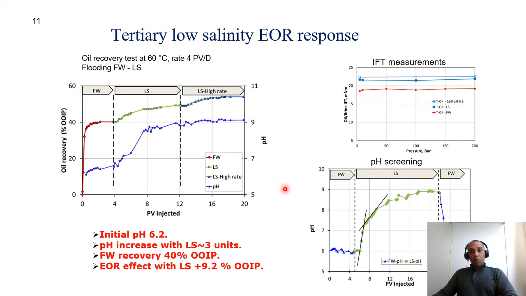In addition, we also ran some experiments in the absence of oil, so we could see the total interaction between the brine and the rock. We also observed a larger pH increase. This is due to the fact that in this case, we don't have the buffer effects of the crude oil present in the core.